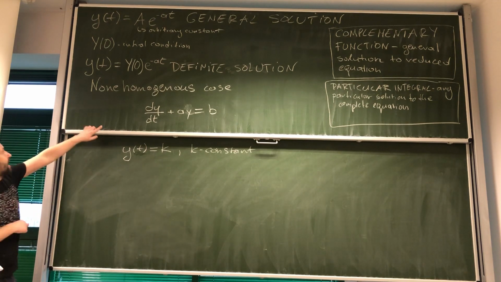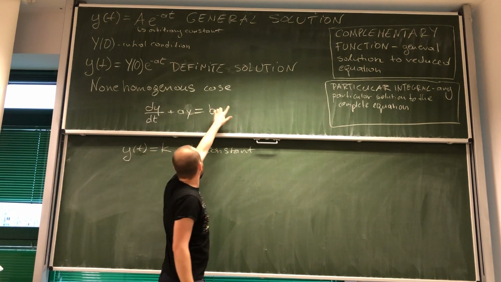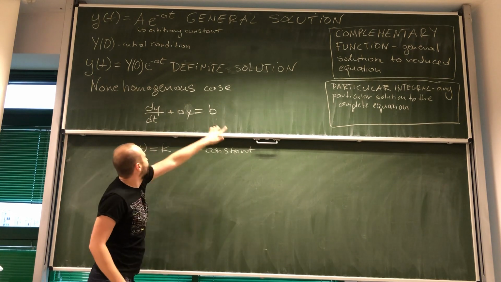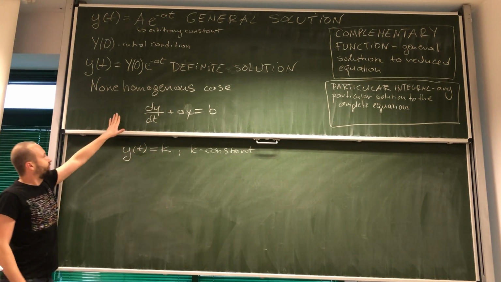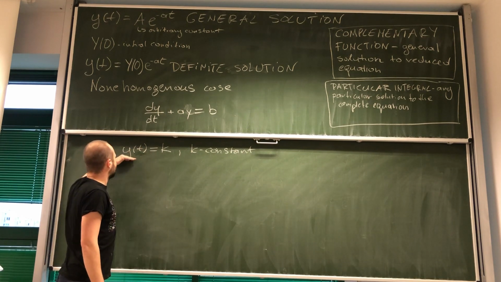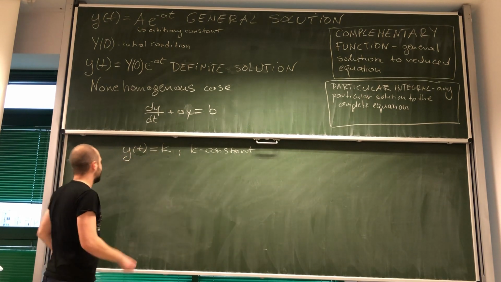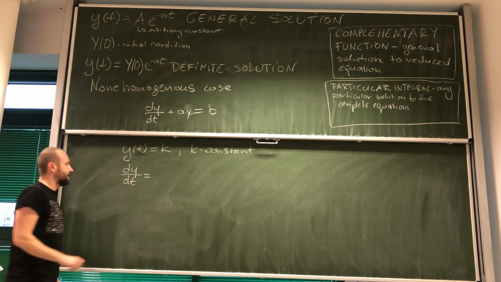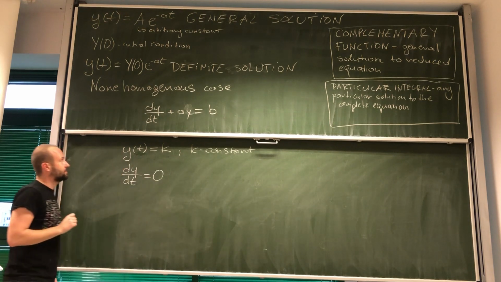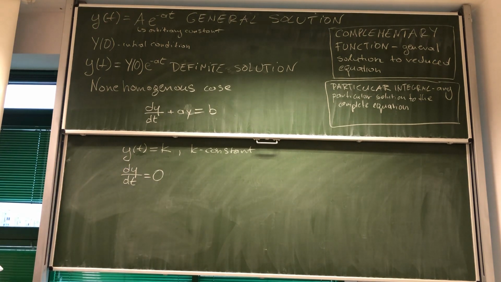And again, here we see our differential equation. And if y is equal to k, then dy/dt is equal to 0, right? Derivative of a constant is equal to 0. So look what happens over here.